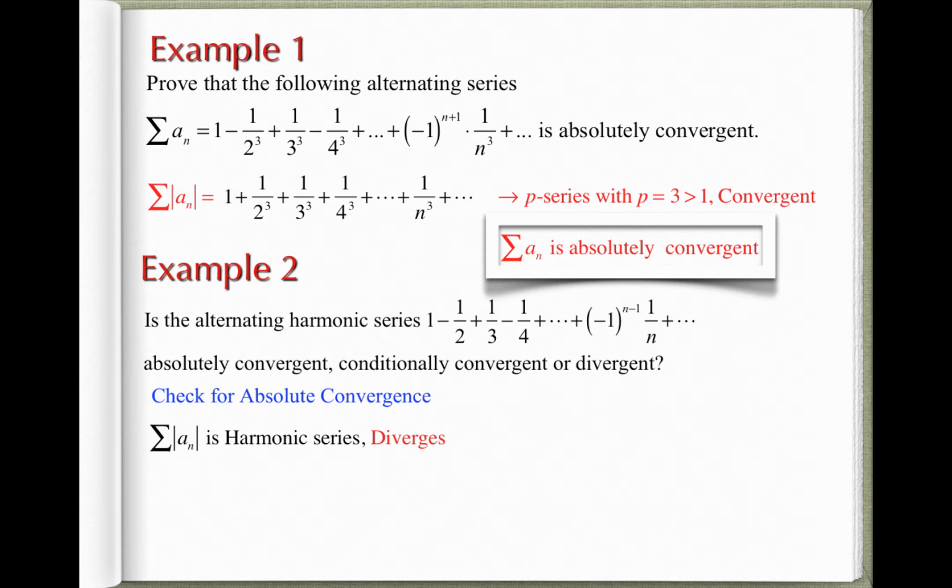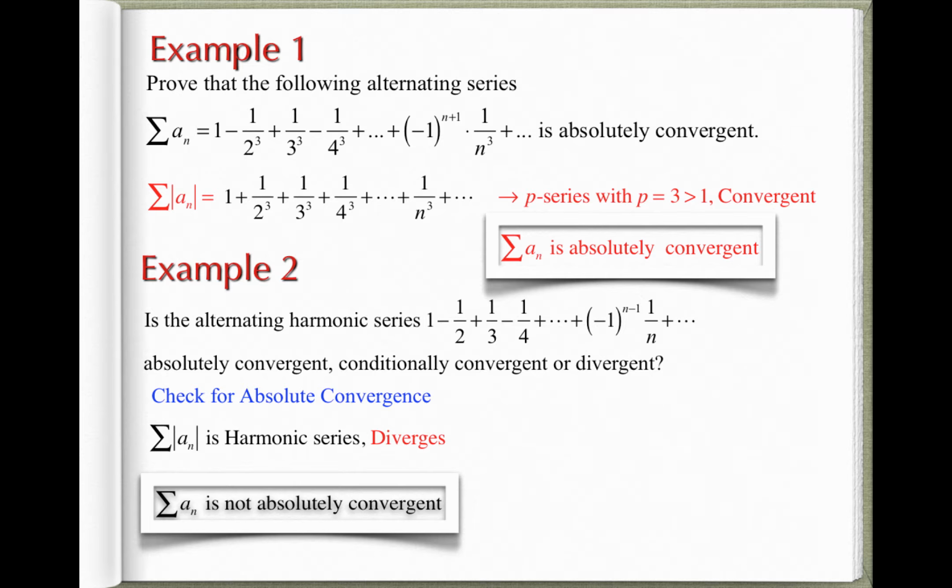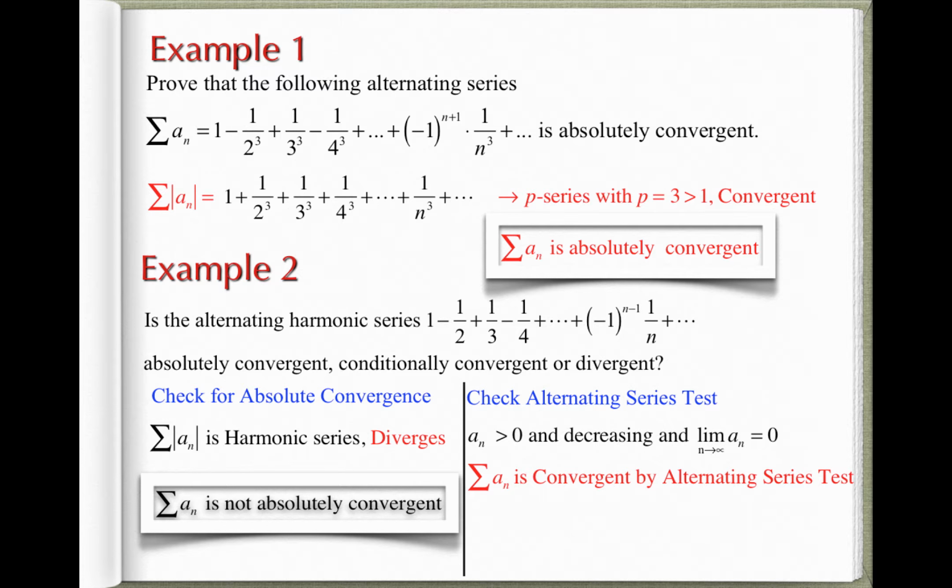Now let's check for conditional convergence. Well, that happens to be an alternating series. I wonder if I can apply the alternating series test. So what are my two conditions again? That's right. The first condition is that our terms are decreasing, and the second condition is that my nth term limit is 0.